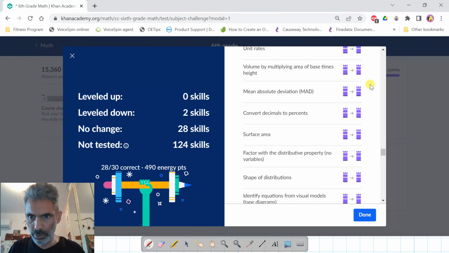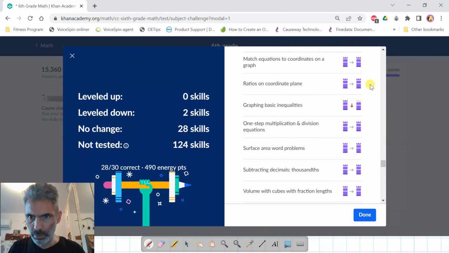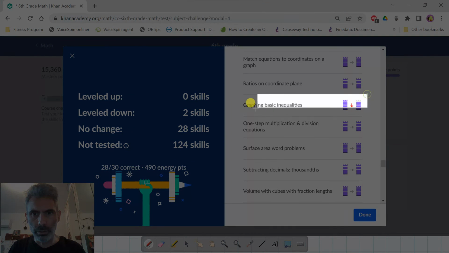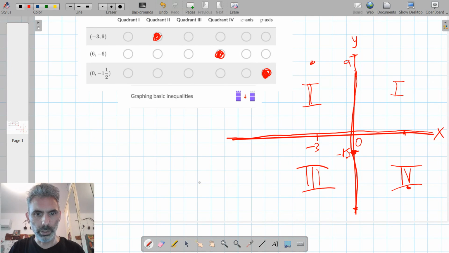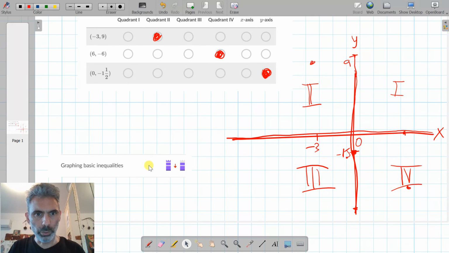This is strange. Oh, okay. Graphing basic inequalities. So here is where I lost points.